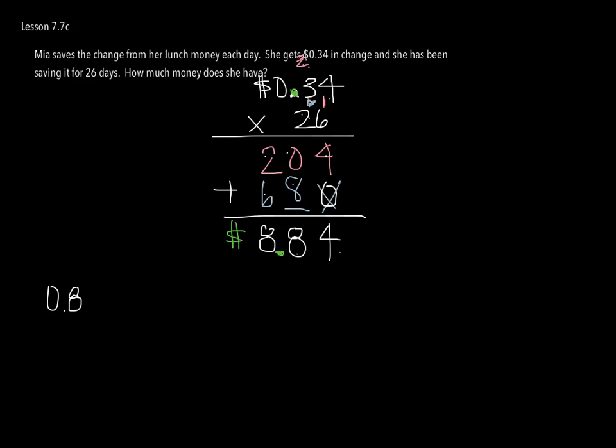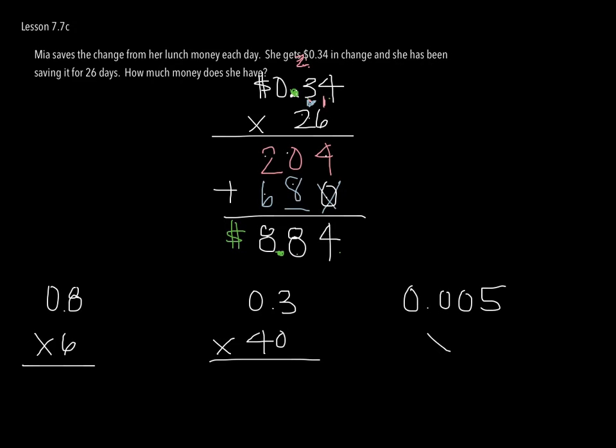We're going to do 0.3 times 40. And let's go with 0.005 times 9. And we're going to multiply these just to see what we get, because multiplying is fun, correct?